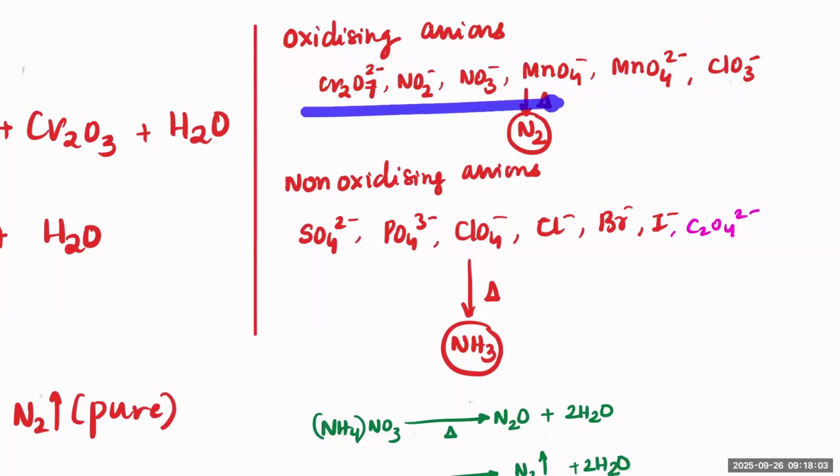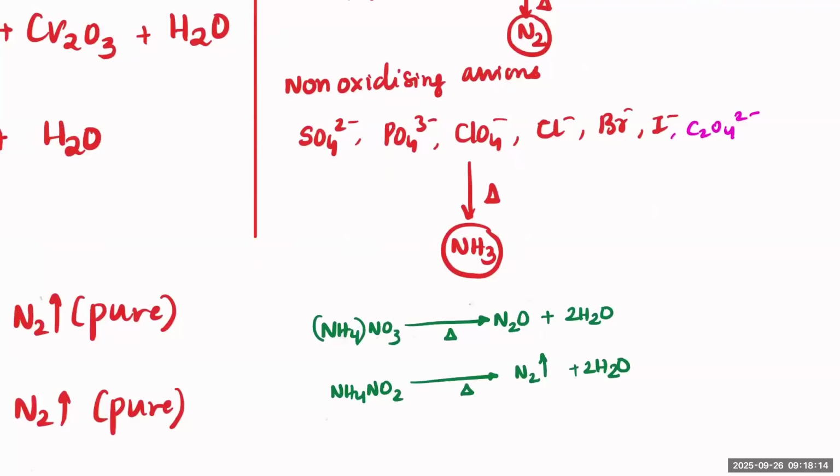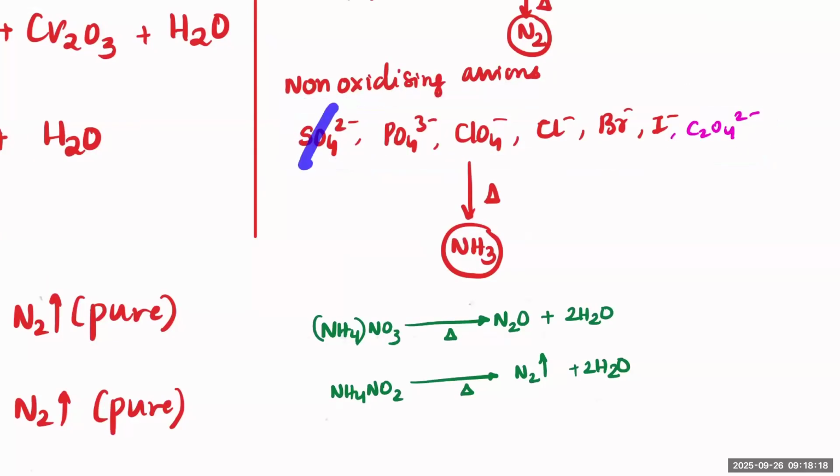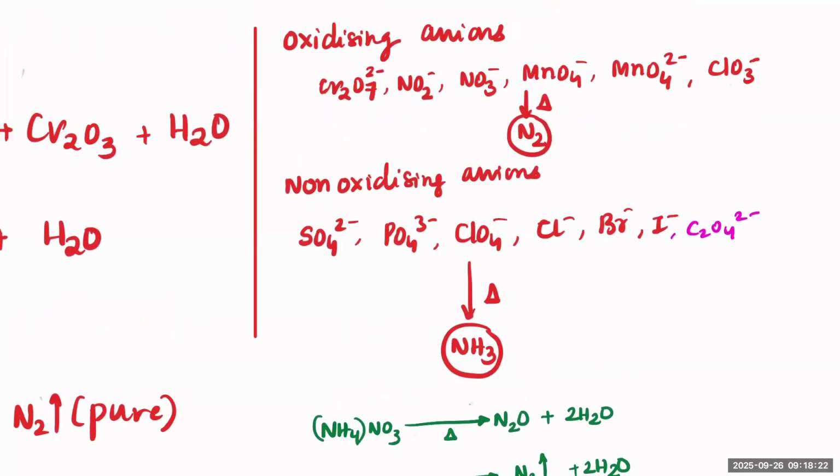These are all oxidizing agents, which means they will oxidize the ammonium part, converting it into nitrogen, N2 gas. While you have non-oxidizing anions also, like sulfates, phosphates, chlorates. Sorry, this is chloride. Chlorate, chloride, bromide, iodide, and oxalate.